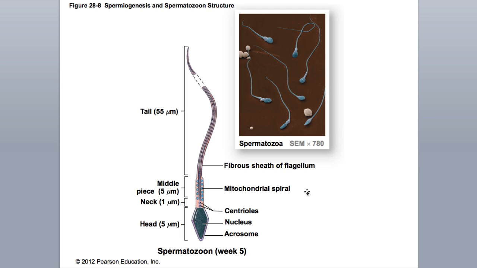So this thing only has a 2 to 3 day window to get to wherever it needs to go. Okay. Again, the energy source will be fructose to get up there. Okay. And the hyaluronidase and the enzymes that are necessary for fertilization will be in this acrosome, this tip. Now the way I look at it is like how many licks does it take to get to the center of a Tootsie Roll lollipop?